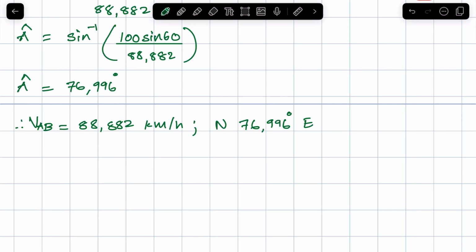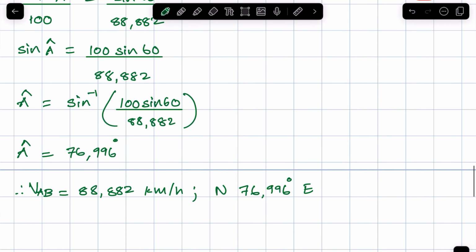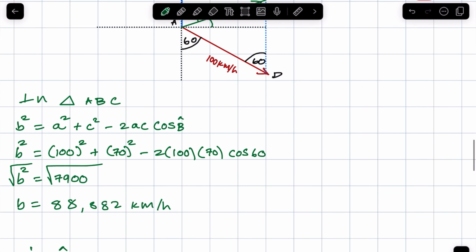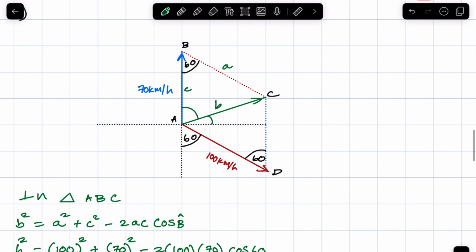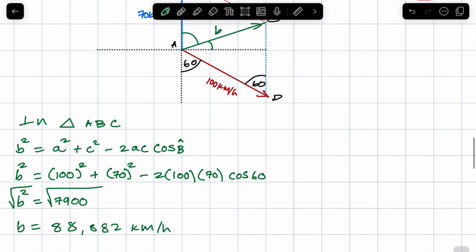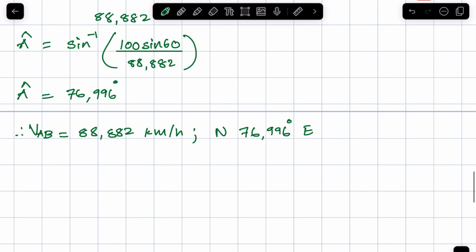So if we say 90 minus 76.996, you get 13.004 degrees, which is fine as well. So your reference regarding the angle doesn't really matter. You can either use the y or the x as your frame of reference.